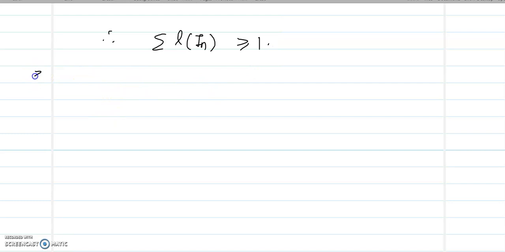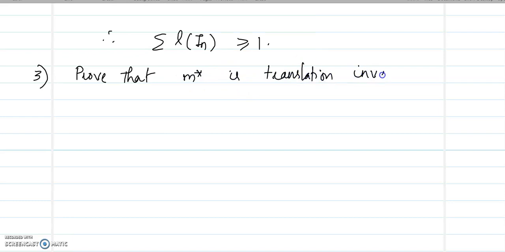And now, the third problem is to prove that m star is translation invariant. So we need to show that if you have m star of A, and if x is any real number, then m star of A will be the same as m star of A plus x.